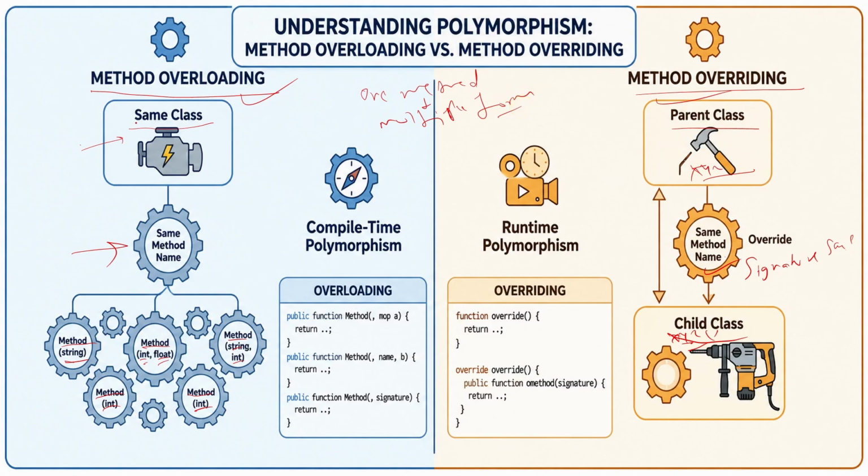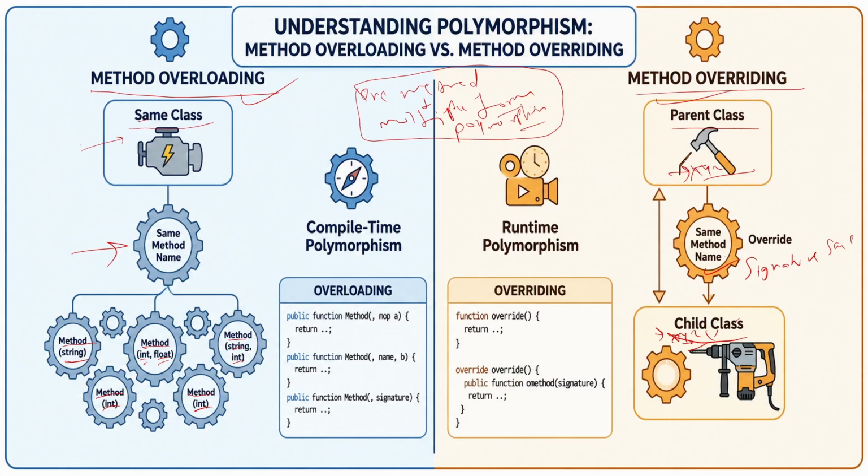See here, in the same class we are defining multiple methods. So one method, multiple forms. Here also same method but different implementation, different forms. In both cases we are following this rule. That is polymorphism. In both cases we are following polymorphism.